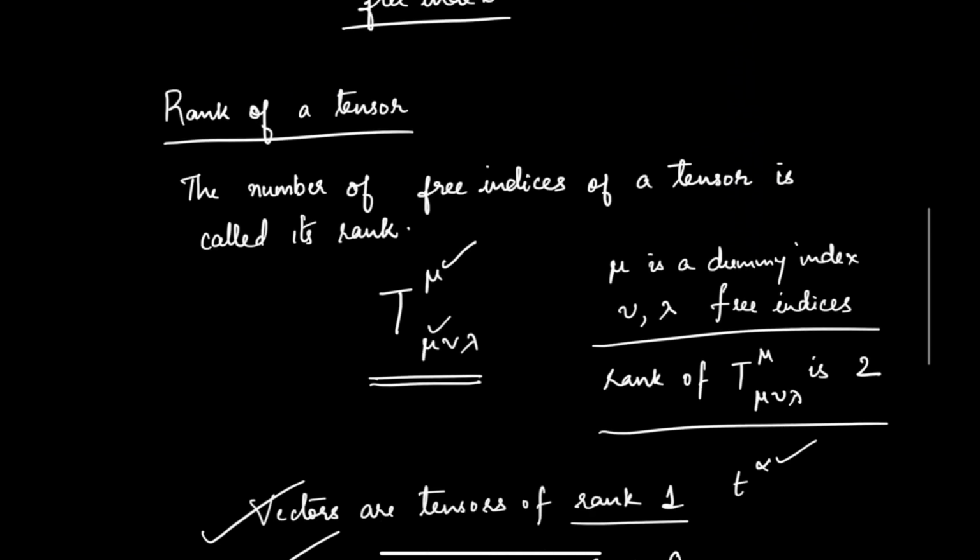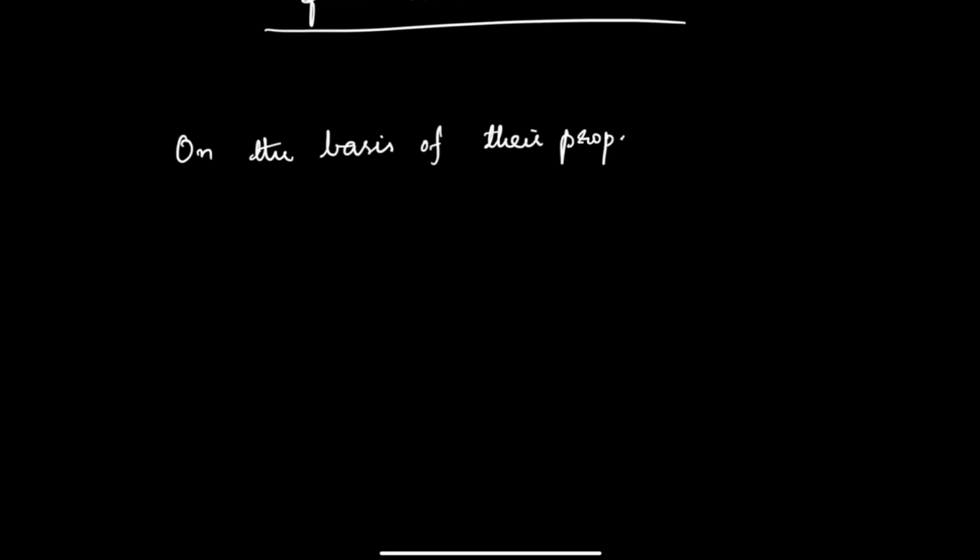And therefore, they can be classified as contravariant and covariant on the basis of their properties of transformation. So how do they transform? Properties of transformation under coordinate transformation.